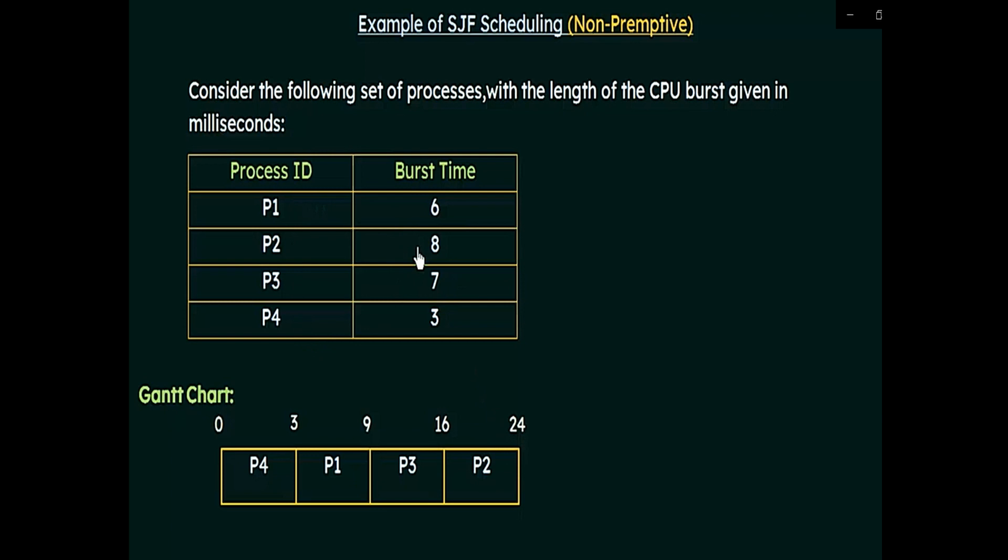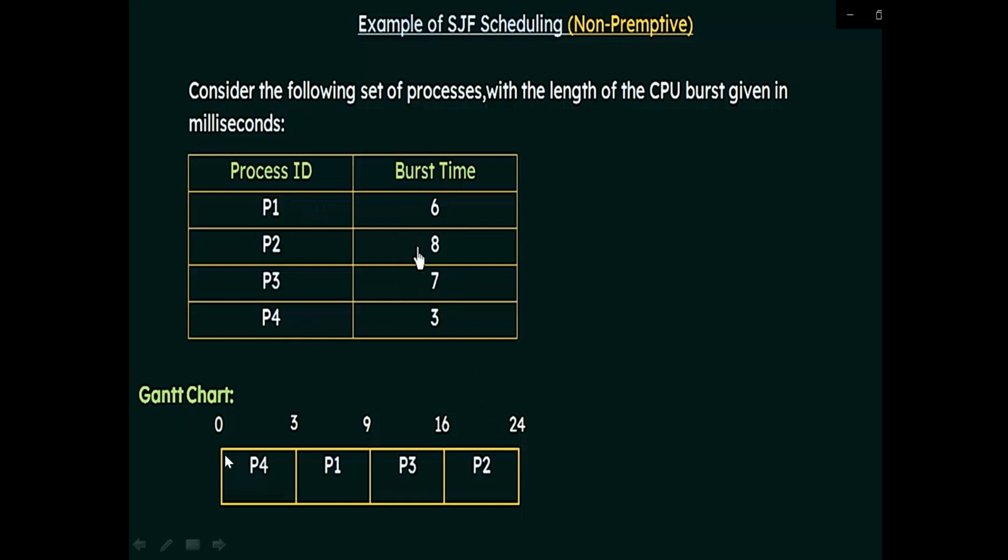According to the shortest job first algorithm, when we create the Gantt chart, first of all the CPU is allotted to the process which has the lowest burst time. As you can see in this table, the burst time of P4 is the lowest, so the CPU is allotted to P4, right?